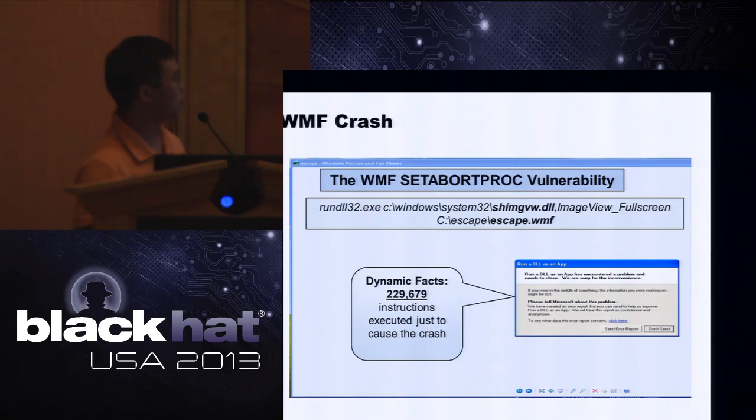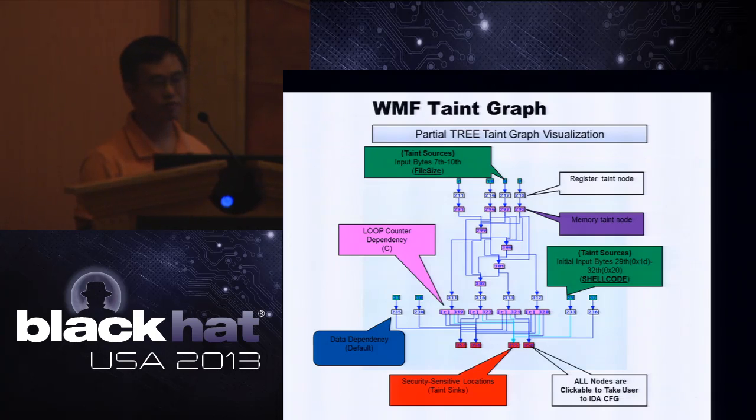An interesting fact that we noted is that between the time the program started reading the file and the time the program crashed, there were 229,000 instructions executed just for the simple scenario. Here is a quick partial telegraph we collected.